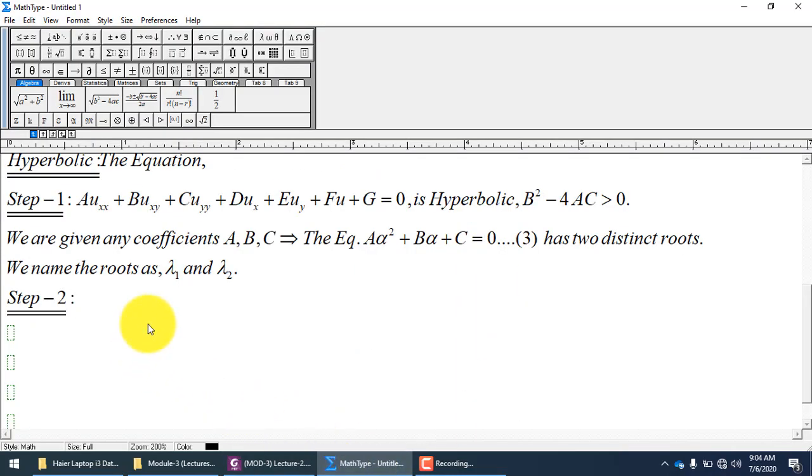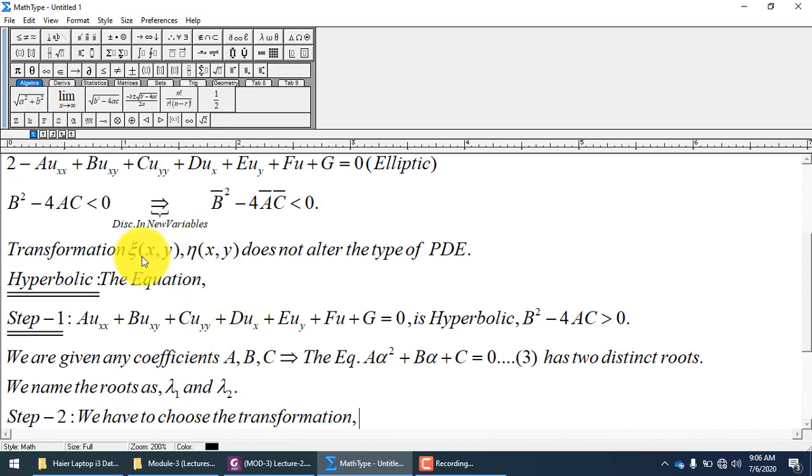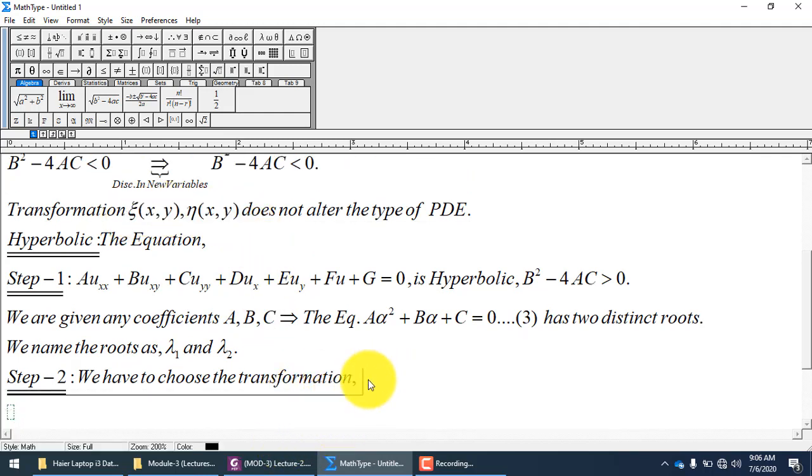We have to choose the transformation, xi and eta. An important thing is that you can choose in any way.